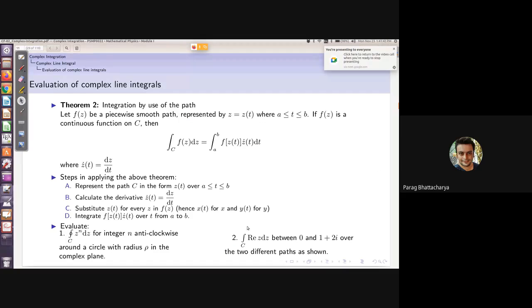So you can try this other problem. Okay, I think there's something missing here. I'll give you the real part and imaginary part, I'll give you two different parts.